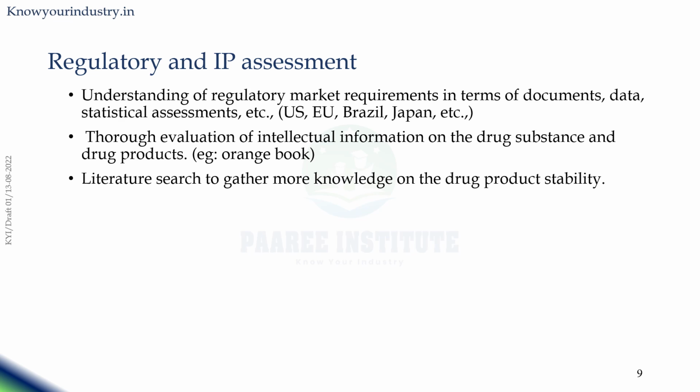For example, the US refers to US FDA, and in the EU, there are EU agencies, the EMEA, which is a centralized filing system across the European region, and Brazil as well as Japan. For Brazil it is ANVISA, and for Japan it is PMDA.